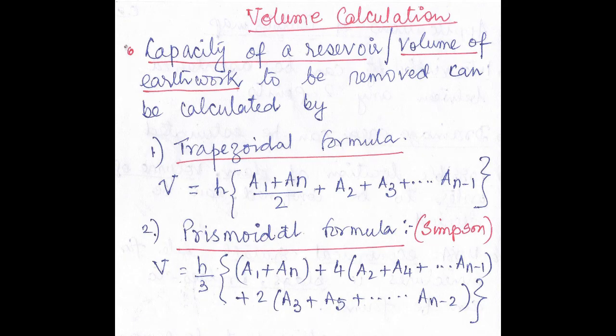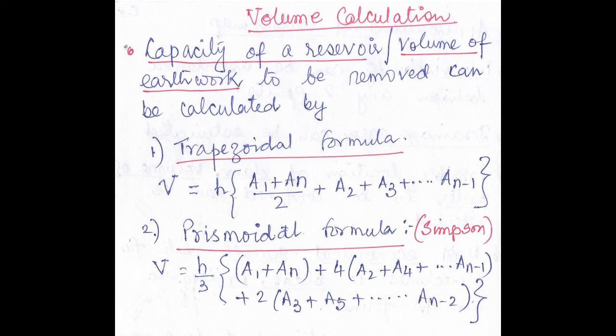Capacity of a reservoir or volume of earthwork to be removed or filled can be calculated by number 1, the trapezoidal formula, and number 2, the prismoidal formula or Simpson's formula. Trapezoidal formula: capital V equals H within bracket, A1 plus AN by 2, plus A2 plus A3 plus ... AN minus 1, bracket close.